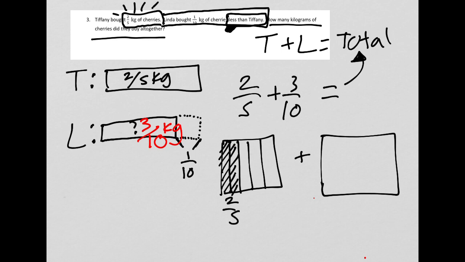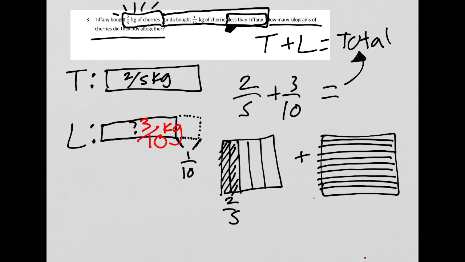So this is 2/5, and this is going to be 10. 1, 2, 3, 4, 5, 6, 7, 8, 9. Okay, space that better. There's going to be 3 of them. And now to find common denominators, we're going to split this into tenths. 1, 2, 3, 4, 5, 6, 7, 8, 9. And split this one into fifths. Okay. Now I can tell my new common denominator is going to be 50 again.